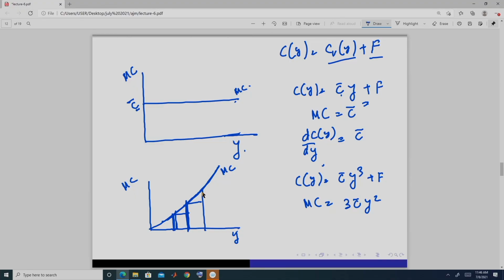So, that is why we get this kind of thing, and it is mainly because of the law of diminishing marginal product of labor.